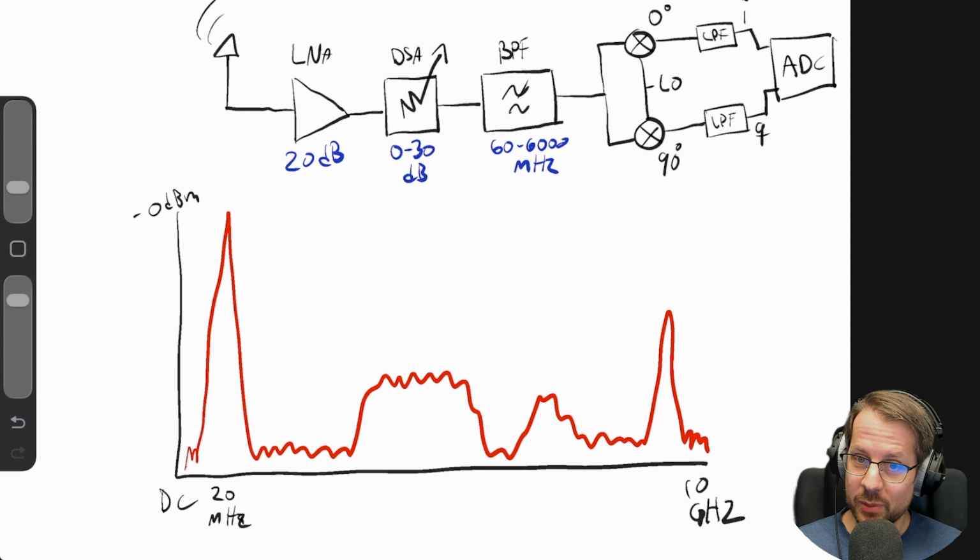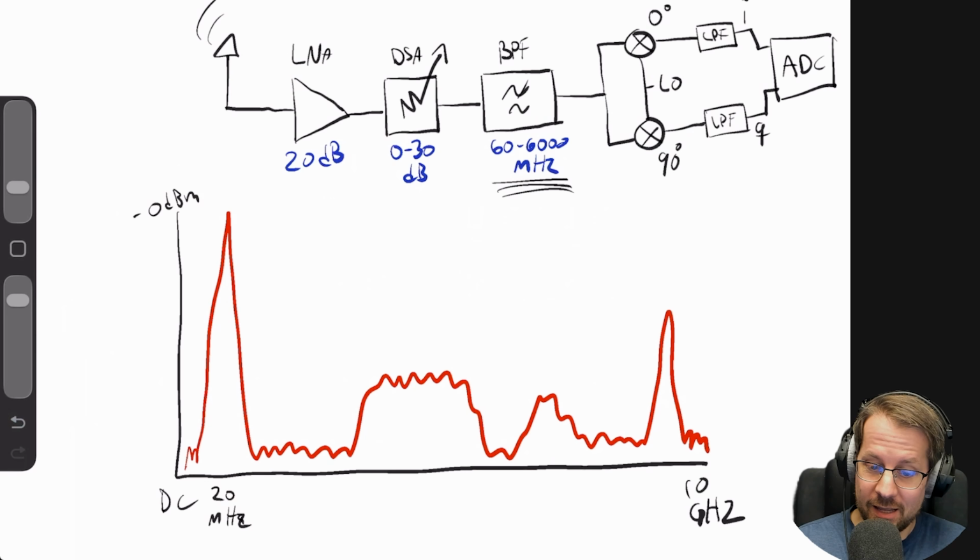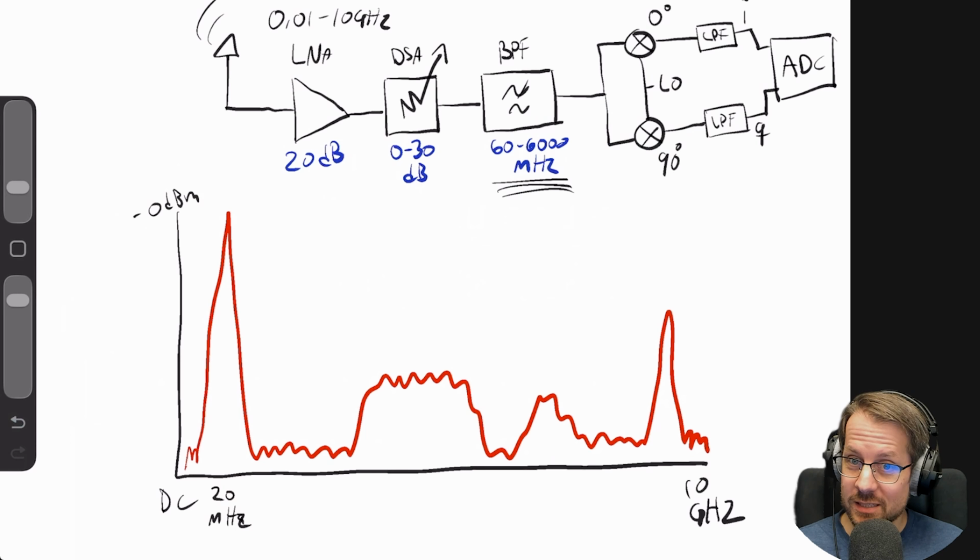This wouldn't even be a signal that you can hear, because remember, your bandpass is from 60 megahertz to 6 gigahertz. So you probably wouldn't be able to see this signal at all. But remember, the LNA is from 0.01 to 10 gigahertz. It will add 20 dB of gain to anything above that limit.